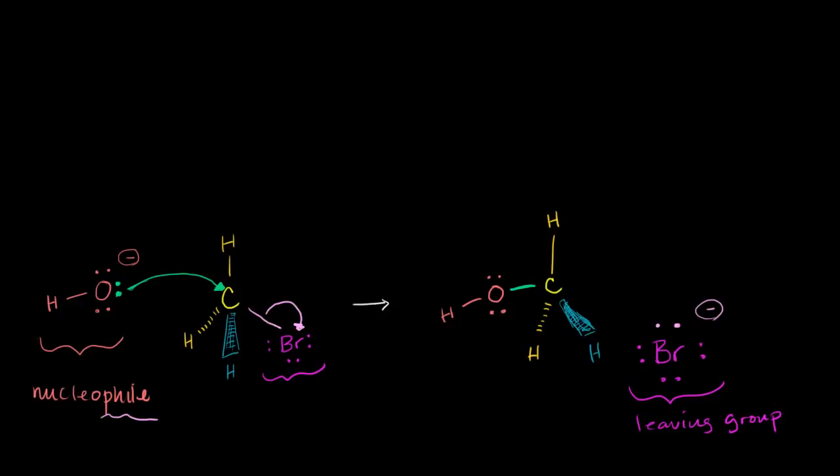Now, the other thing that you might find interesting, it looks like this hydroxide anion, some people would even say, attacked this bromomethane. The hydroxide anion attacked the bromomethane, the bromine left. So in some ways, you would say that there's really two reactants over here. You have the hydroxide anion, and you have the bromide anion.